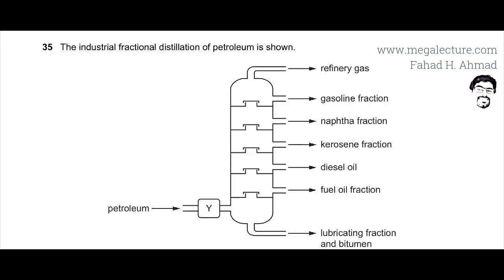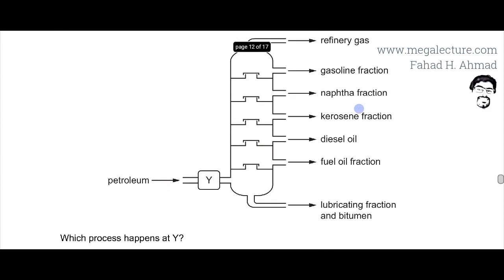The following question is talking about the industrial fractional distillation of petroleum, and it's shown here. Petroleum is a mixture of different compounds, and these compounds are separated by fractional distillation. So petroleum vapor is passed through this chamber, and as it cools, the higher boiling point, bigger molecules condense first.